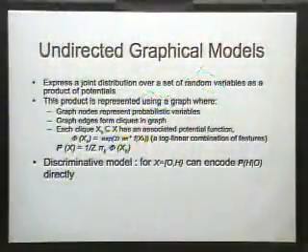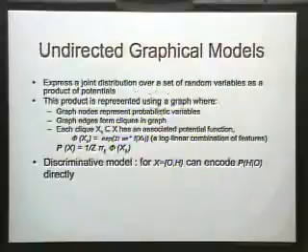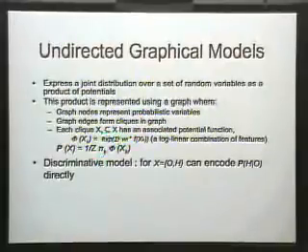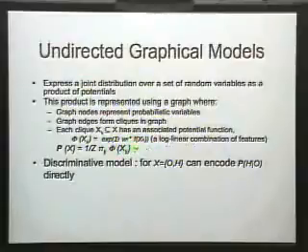Again, we have a graph. Each node is a probabilistic variable, and the edges form cliques, and then we define potentials over these cliques. Each clique in the graph has a potential function, which is a log linear combination of features of that clique and weights.